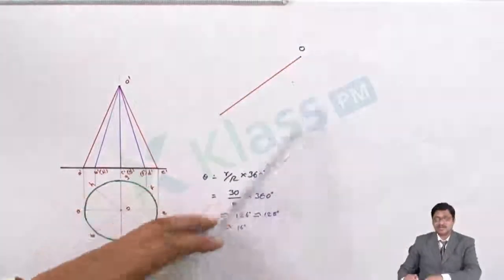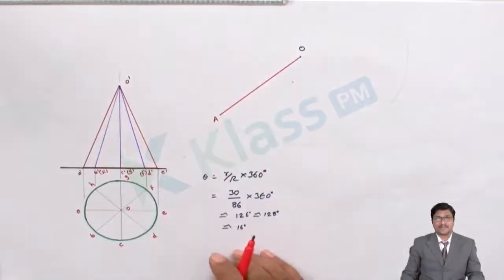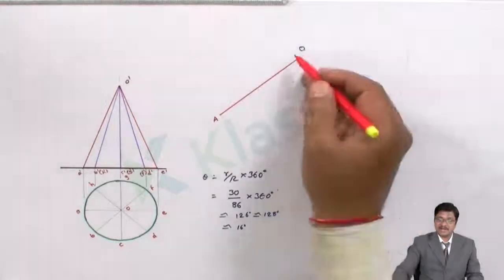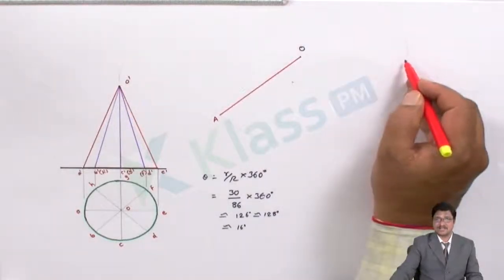This is O and this point I can consider as A. The included angle I am getting is equivalent to 128 degrees. Take the protractor, identify the 128 degrees, and fix the last line.